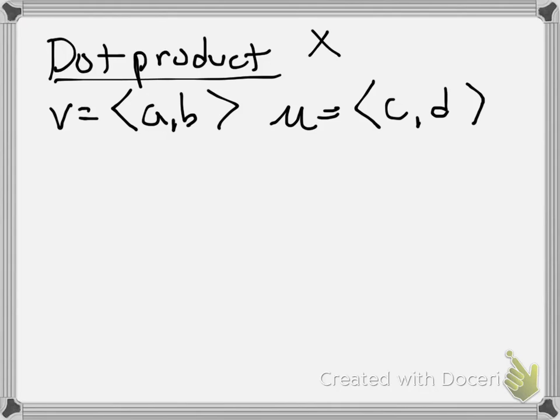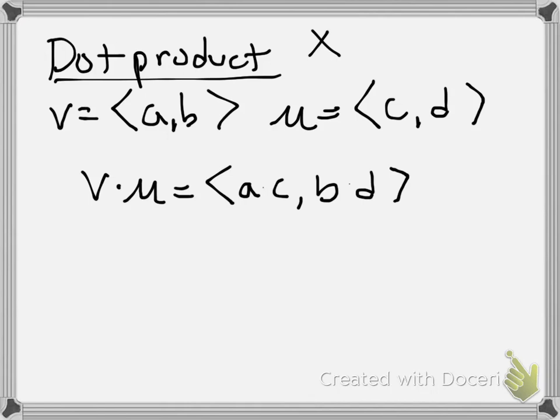That's all you're really going through and doing. So what you end up doing is multiplying the two x components. If we multiply these two together, it would be A times C, and then B times D. Or sorry, plus B times D.